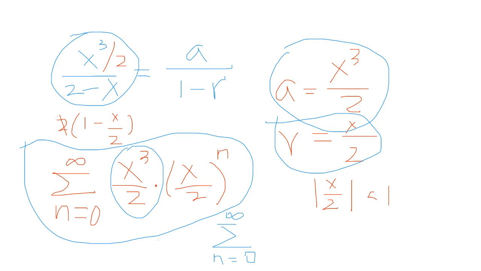So now we have x raised to n times x raised to 3. That's x raised to n plus 3. That's what Golomb has in his formula. We have 2 times 2 raised to n in the denominator. That's 2 raised to n plus 1.